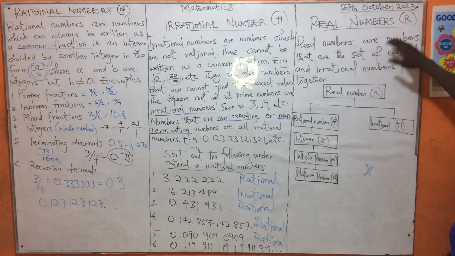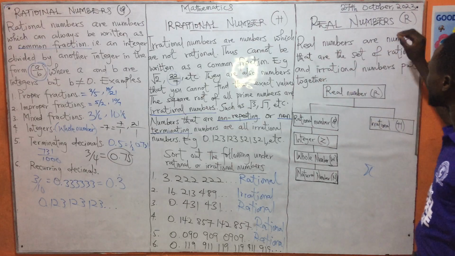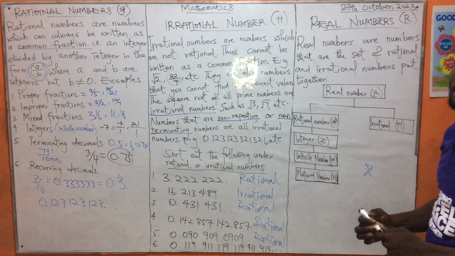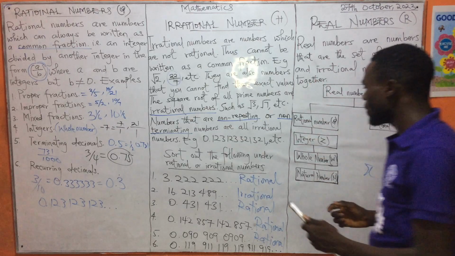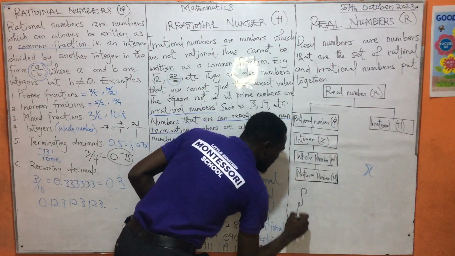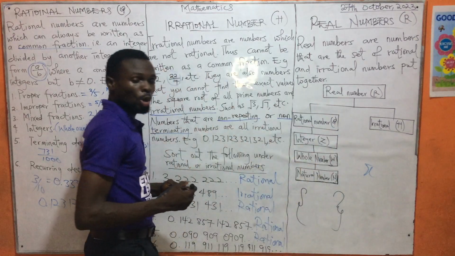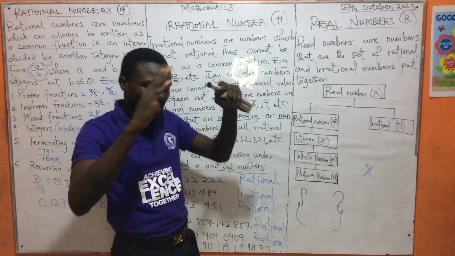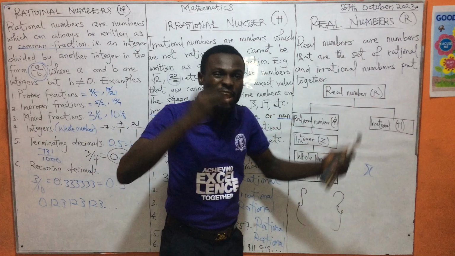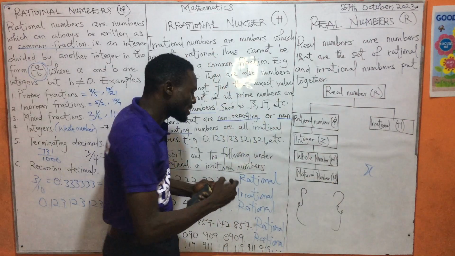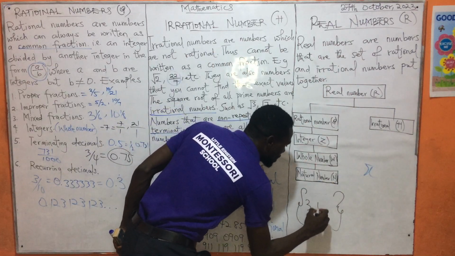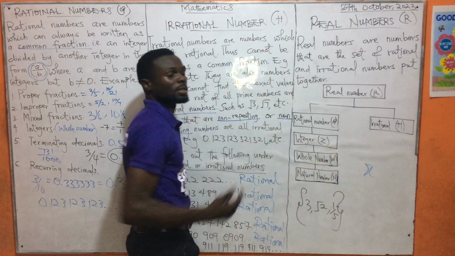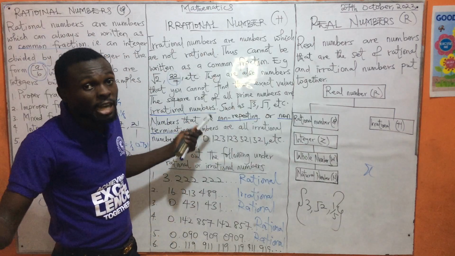Real numbers are the set of rational and irrational numbers put together. Remember, when we talk about a set, we are looking at something like this. So when we put a rational number and an irrational number together in a set, that gives us a real number. For example, I can get the set 3, 1 over 5. Why are they real numbers?